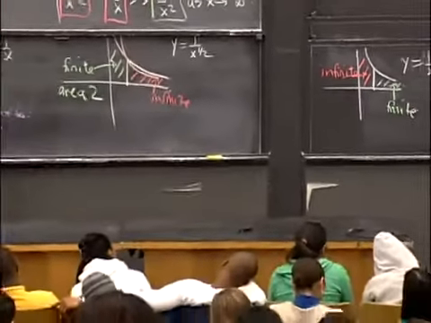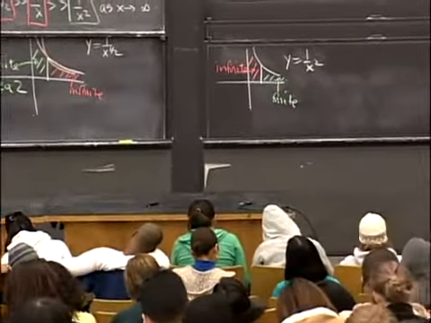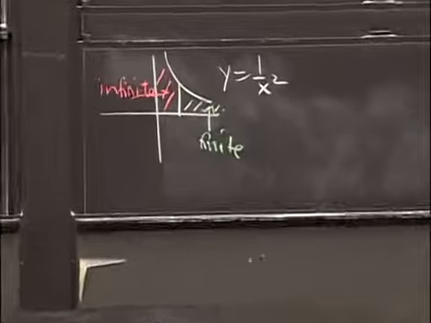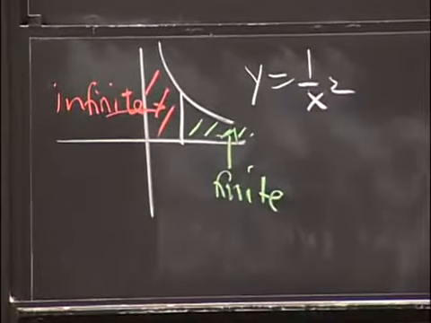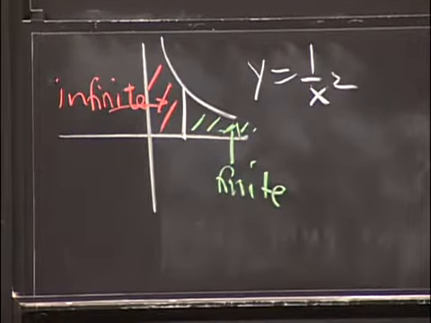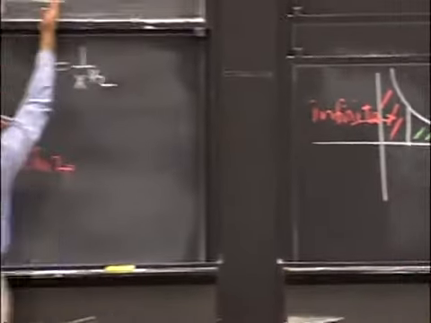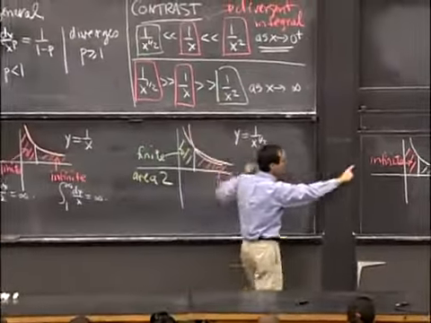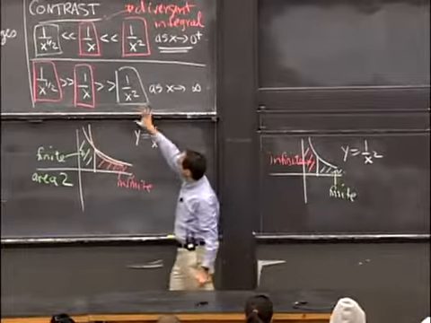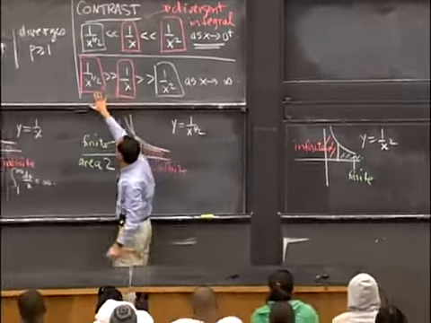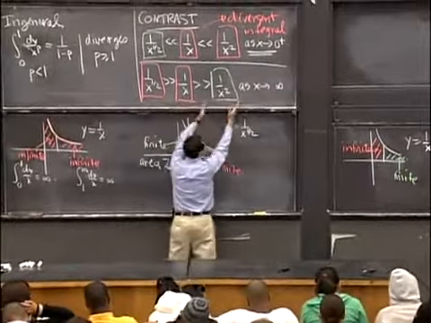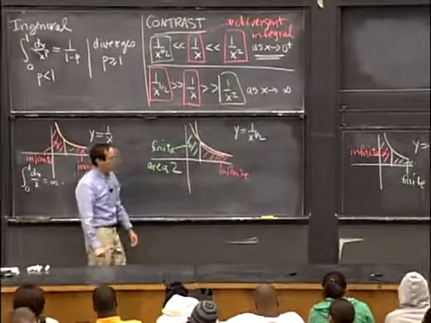So again, what I've just tried to do is to give you some geometric sense and also some visceral sense. This guy, its tail as it goes out to infinity, is much lower. It's much smaller than 1 over x. And these guys trap an infinite amount of area. This one traps only a finite amount of area.